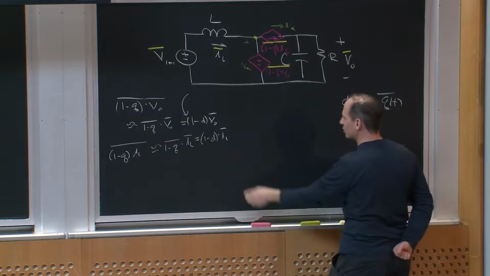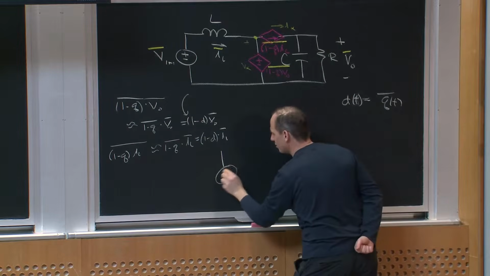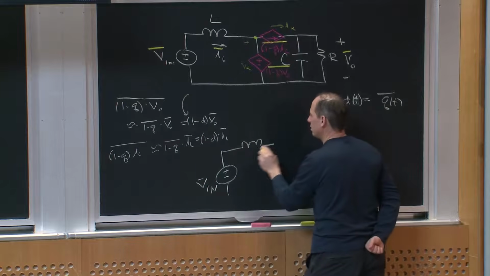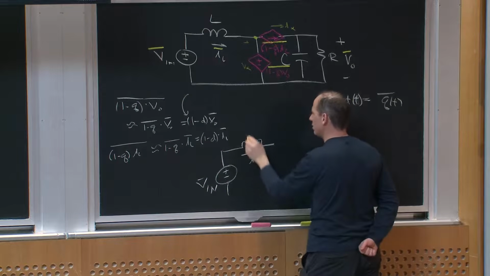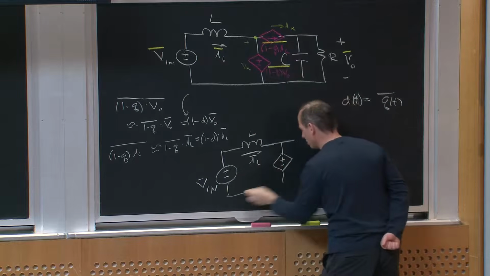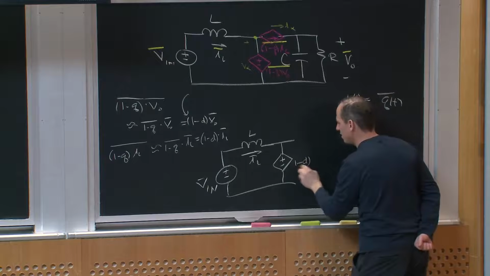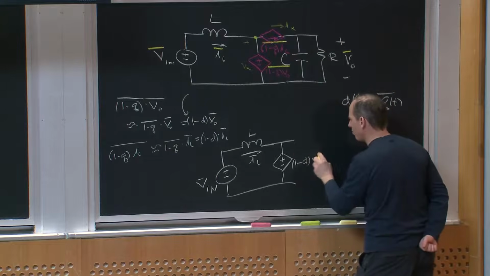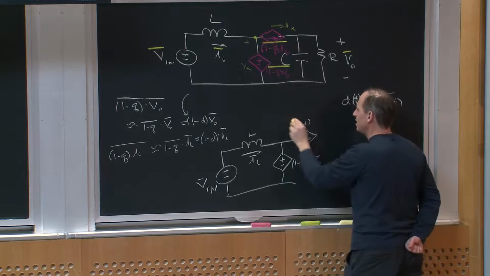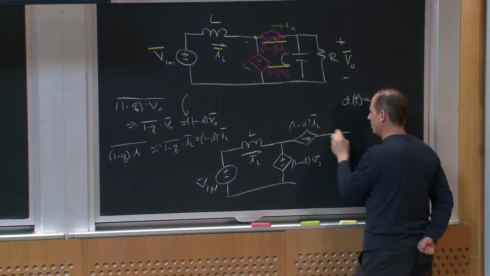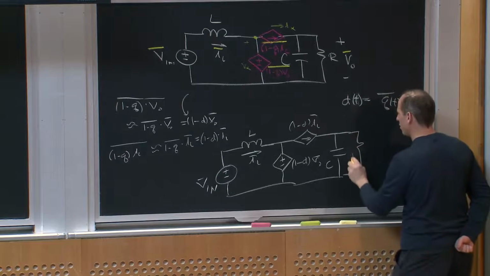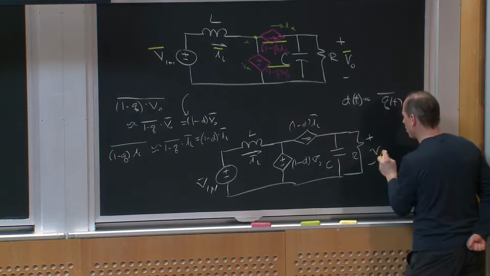And I can average this circuit, and what I'm going to get is this: V in bar, IL bar, a source of 1 minus D times V out bar, a source of 1 minus D times IL bar, C, and R with V out bar.